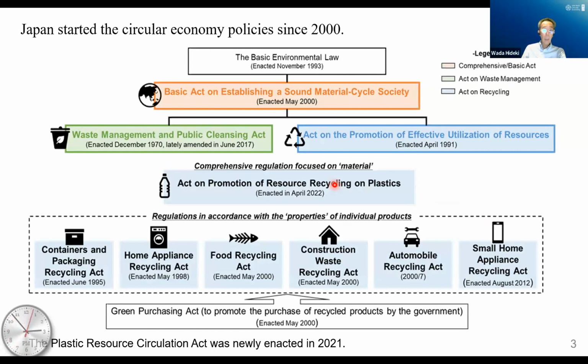I think that Japan started the circular economy policies since 2000, coming up with the several recycling laws for several specific goods, products, as you can see in the bottom. As well as the Green Purchasing Act was enacted in 2000. And one more act was added just last year. It was for the Plastic Recycling Promotion Act.